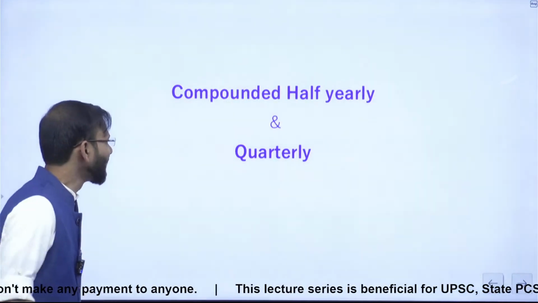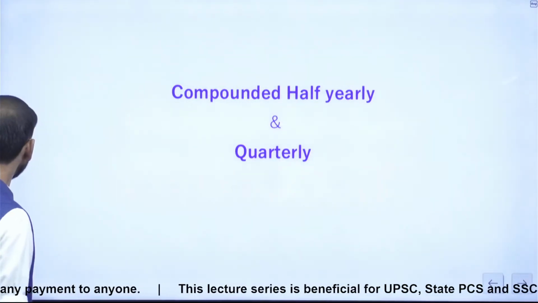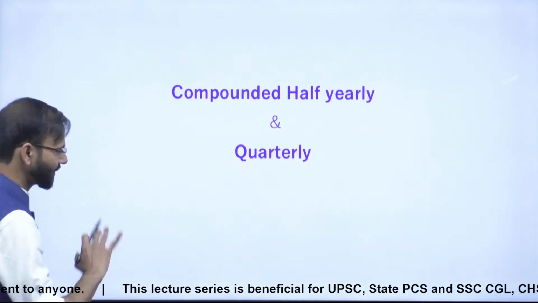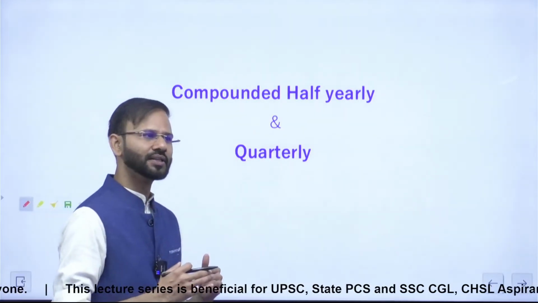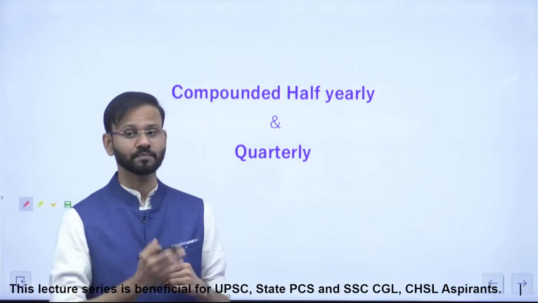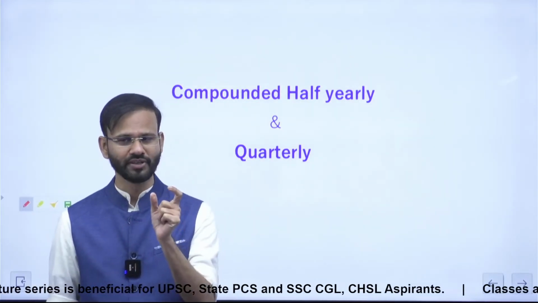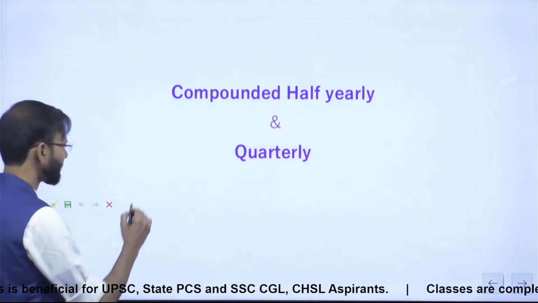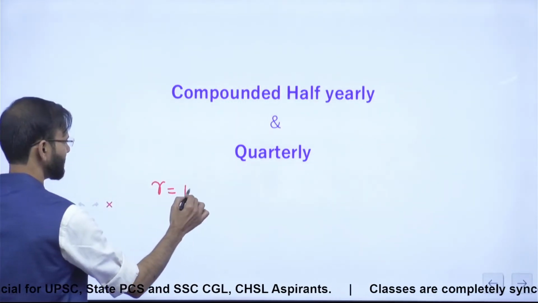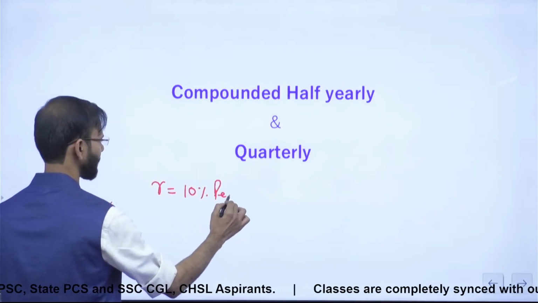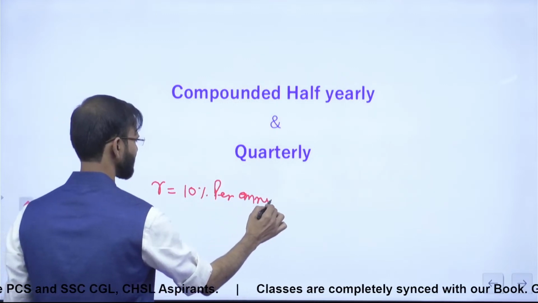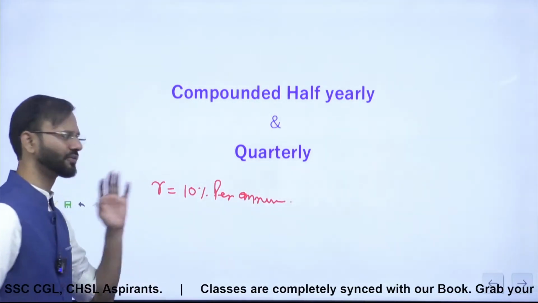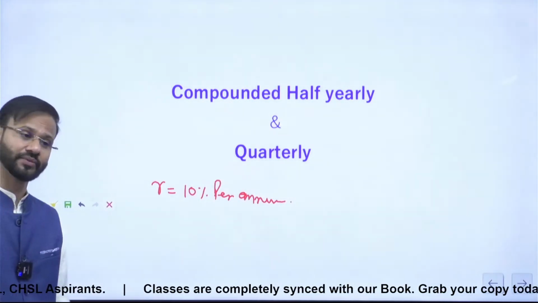So guys, compounded half yearly and compounded quarterly, and you might have seen the rate of interest is, let's say, 10% per annum. Have you read this term, guys? Rate of interest is 10% per annum, right?